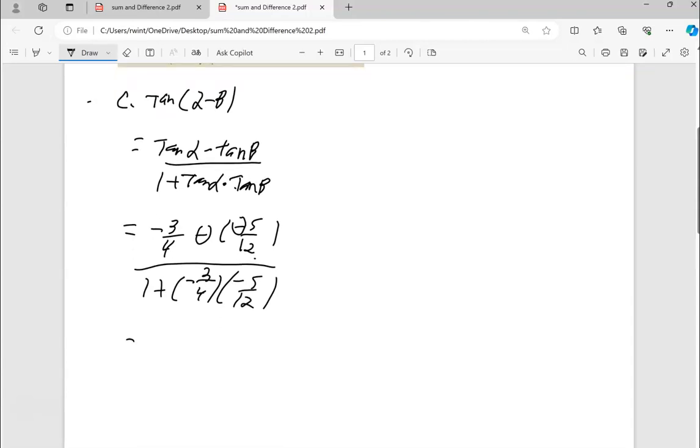So on top, I'm going to have negative 3/4 minus minus is plus 5/12. On the bottom, 1 negative times negative makes positive 15 over 48.